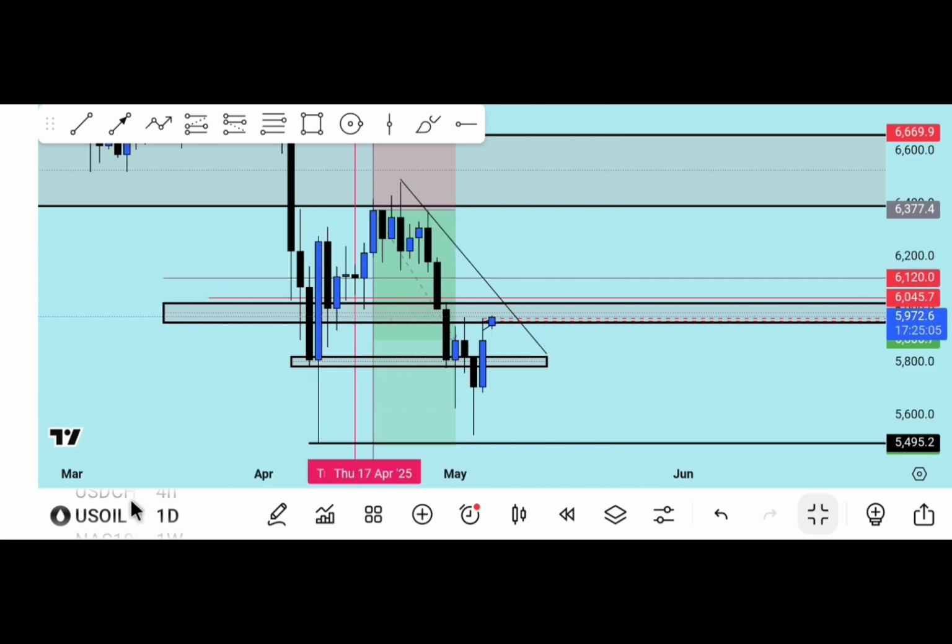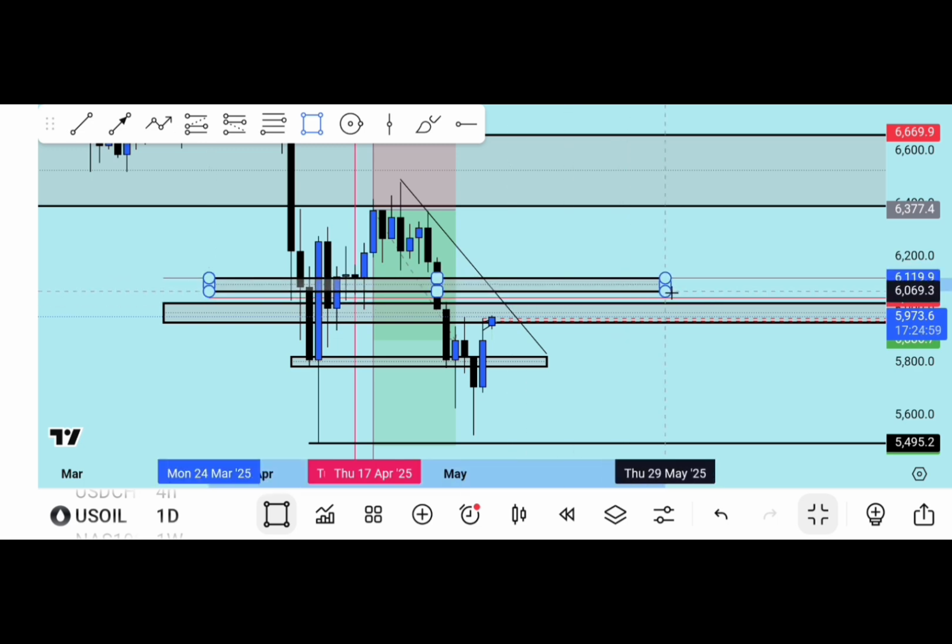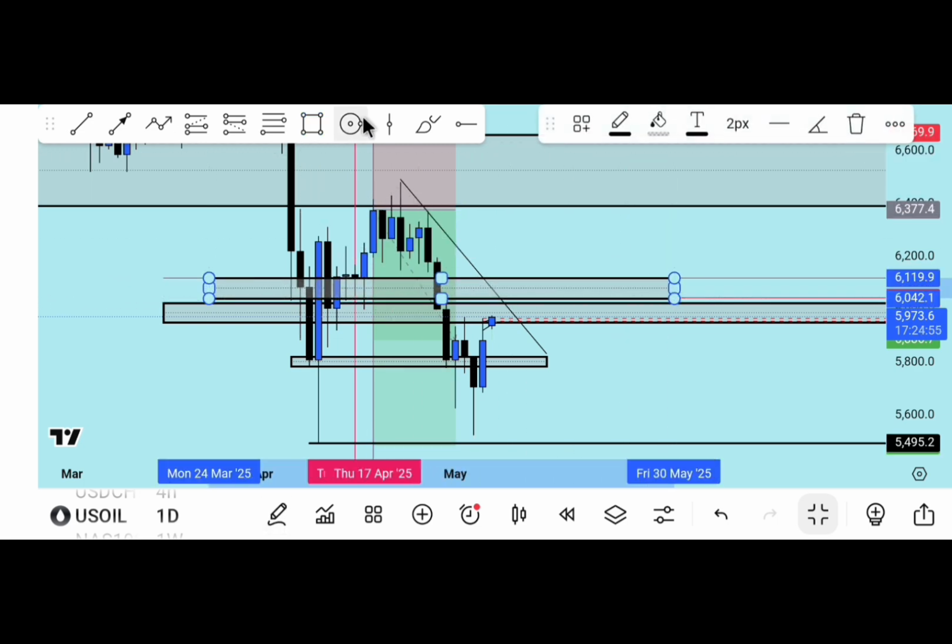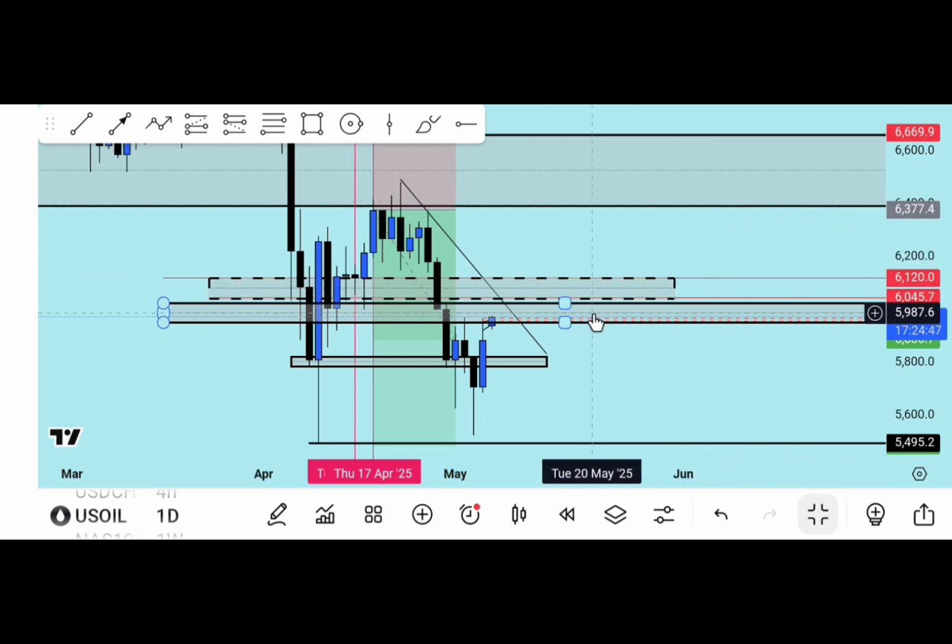Now let me mark out this candle here, this zone here. Marking out this zone here, I will change it so I'll be able to know that zone. So let's go to the 4-hour time frame.